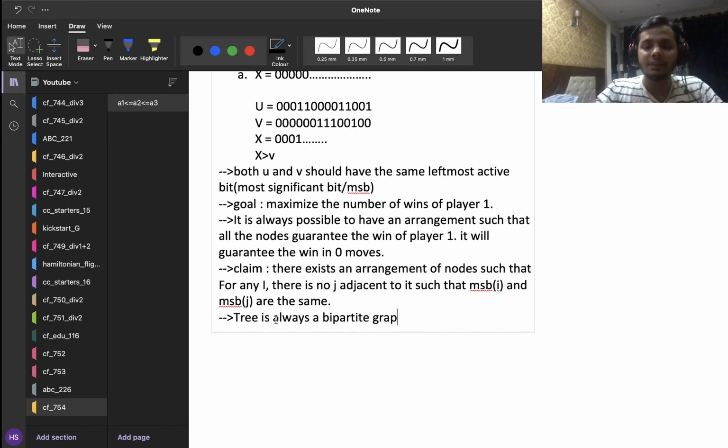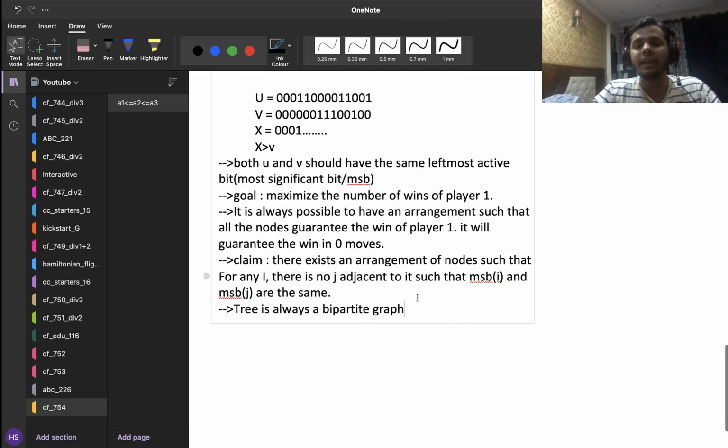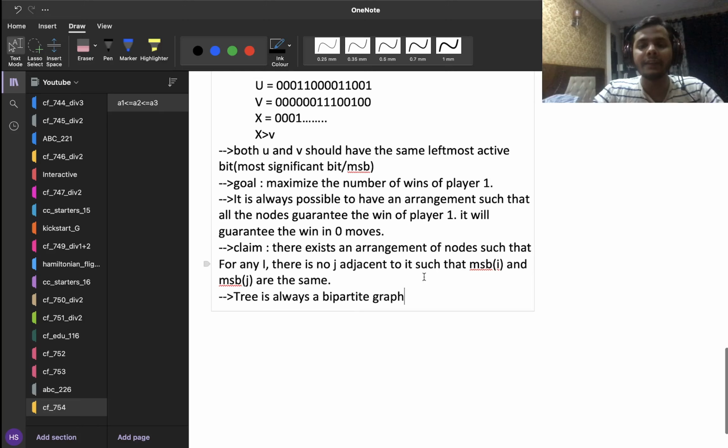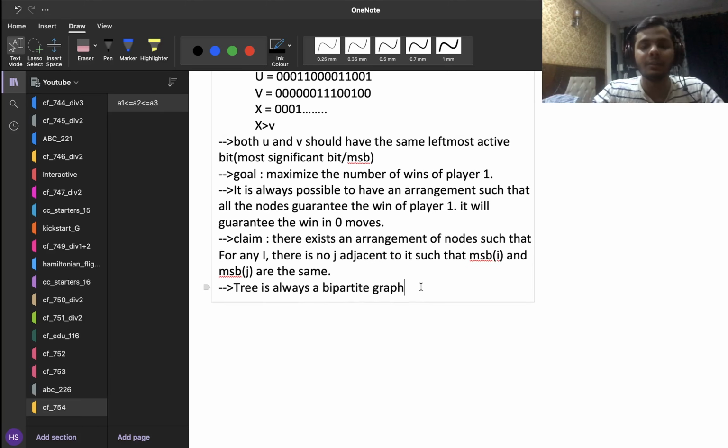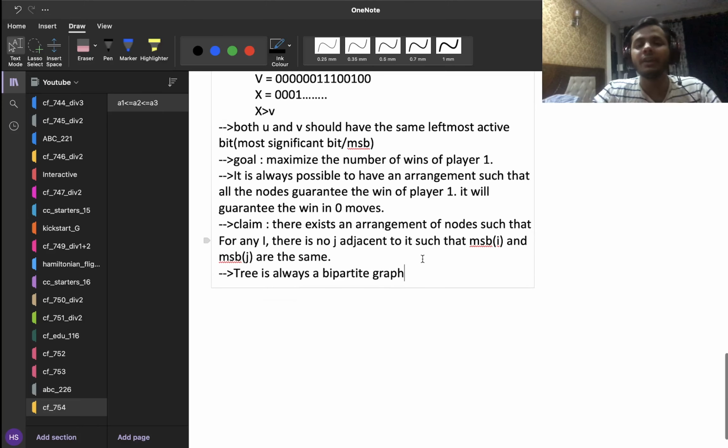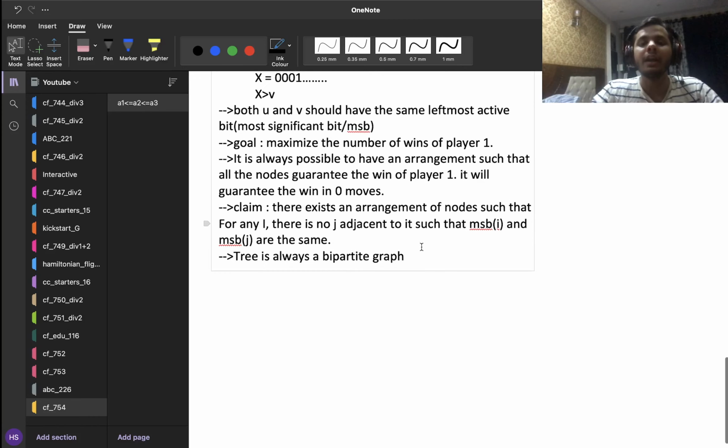A bipartite graph is a graph where every node can be colored either color 1 or color 2, and there will be no edge between two nodes of the same color. I mean, after coloring all the nodes 1 and 2, all the edges are between a node colored 1 and a node colored 2. That is basically what a bipartite graph is.